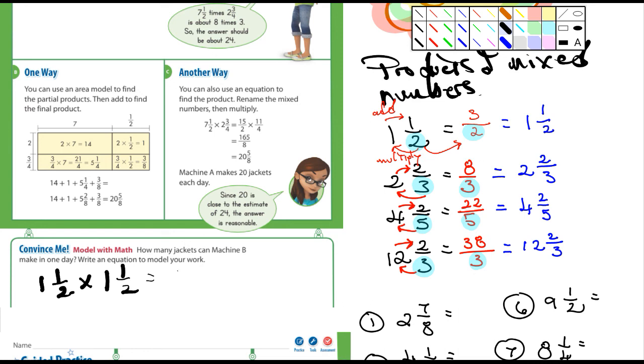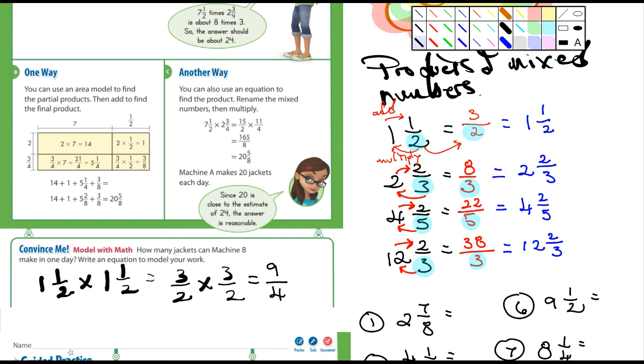So that would be 3 over 2 times 3 over 2. And then what? Then you just multiply straight across. Even though they're improper fractions, you still solve them the same way. All right, we can't do any cross canceling, so 3 times 3 is 9. 2 times 2 is 4. So 9 over 4.